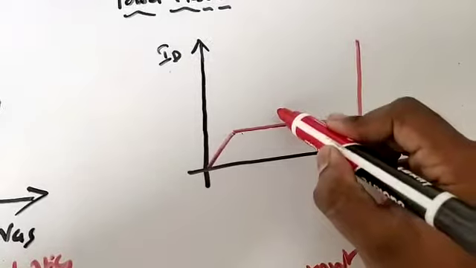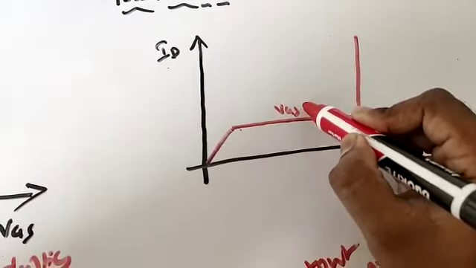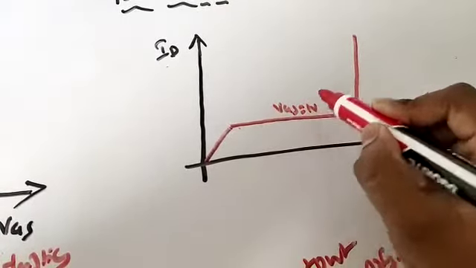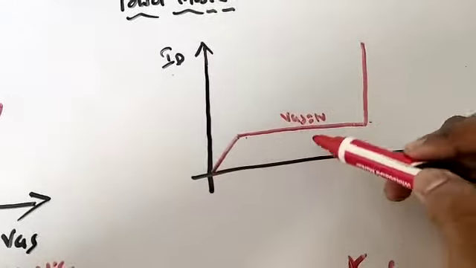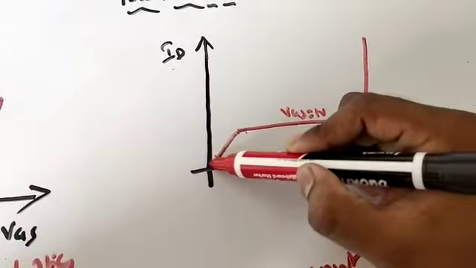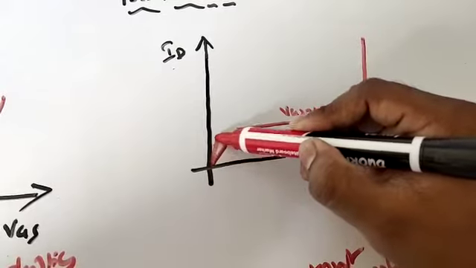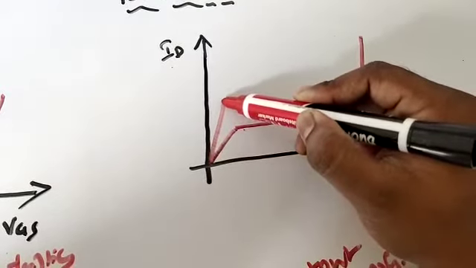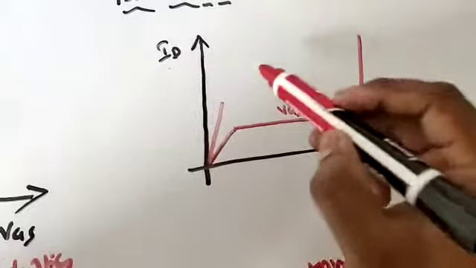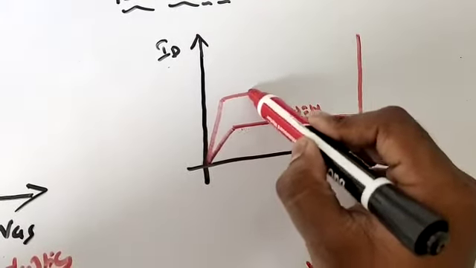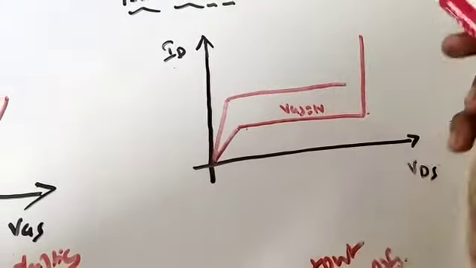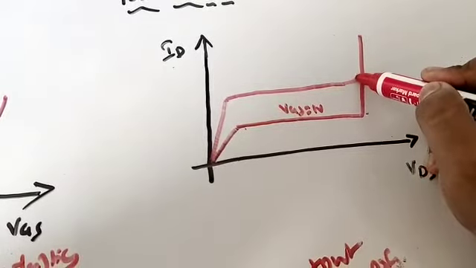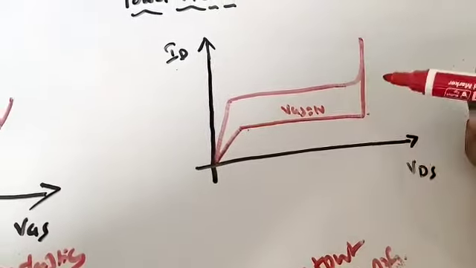So now let me suppose this is the VGS value of 1 volt. So now when I am going to increase this VGS, upon increasing the drain voltage, the current is going to be increasing, and again it is going to attain a constant value like this, and after attaining the breakdown, it is like this.